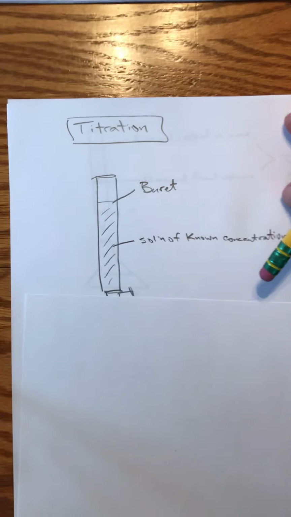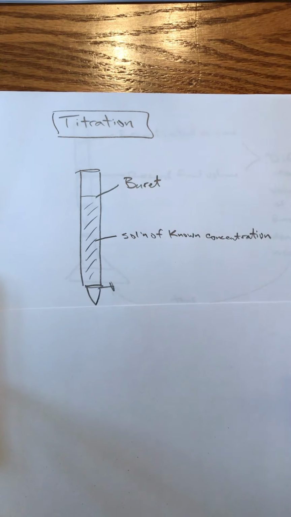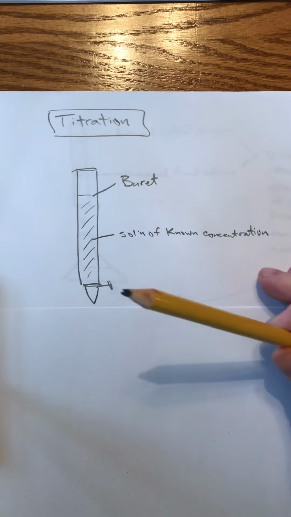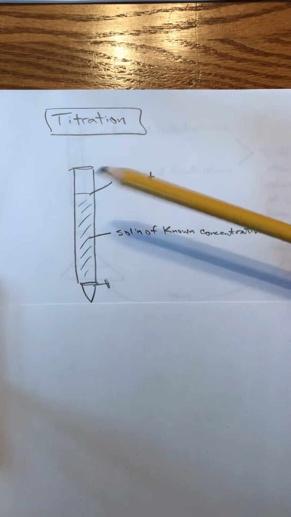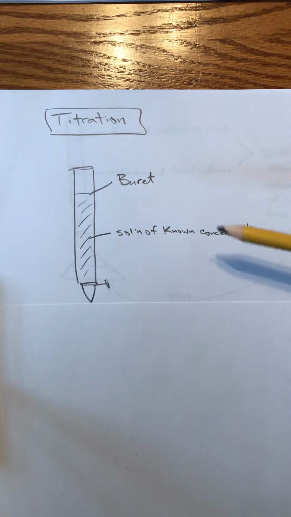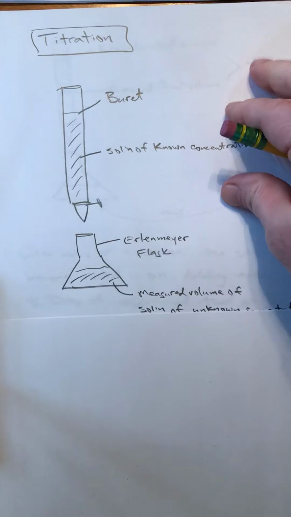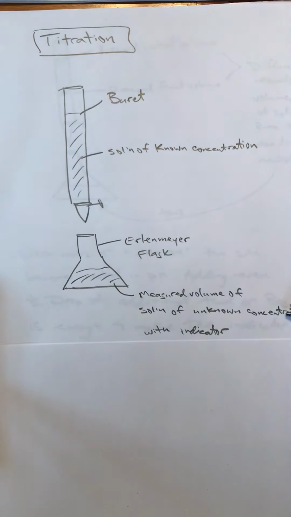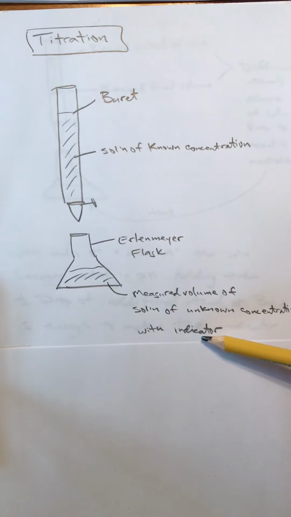So basically, you take a burette and you fill it up with your solution of unknown concentration. There's technique to that. I have some videos of it attached. Wish we were doing lab, we're not. You have a previously measured volume of a solution that you know the concentration of, and you add a little bit of indicator to it.